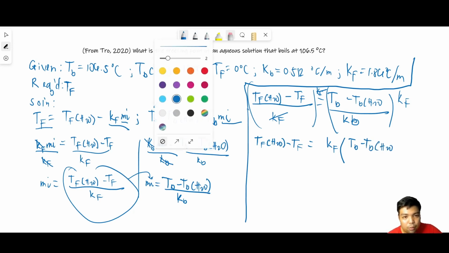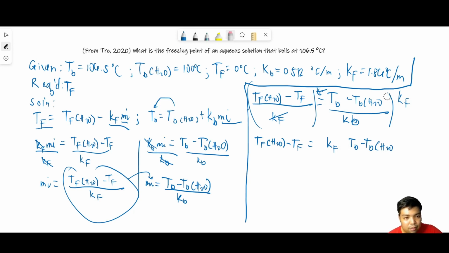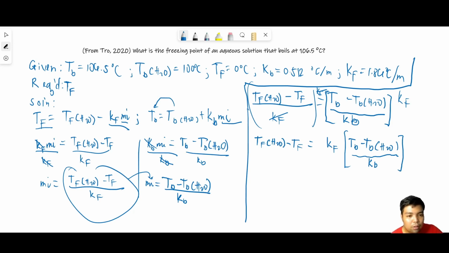So I'll change this to a bracket since we already have a parentheses, to KB. Okay. Next is transpose TF to the left, and this whole thing you move to the right.